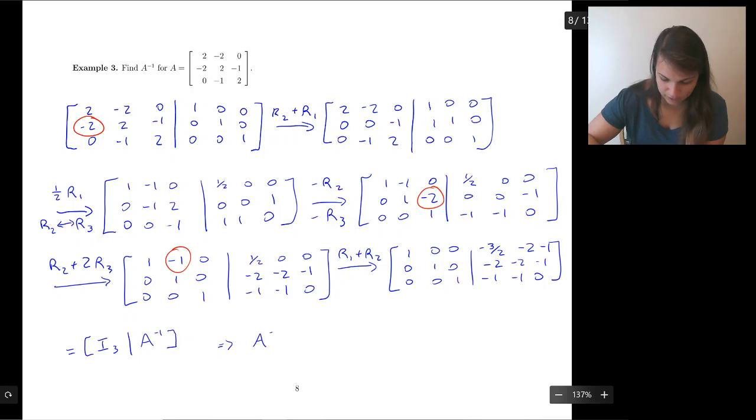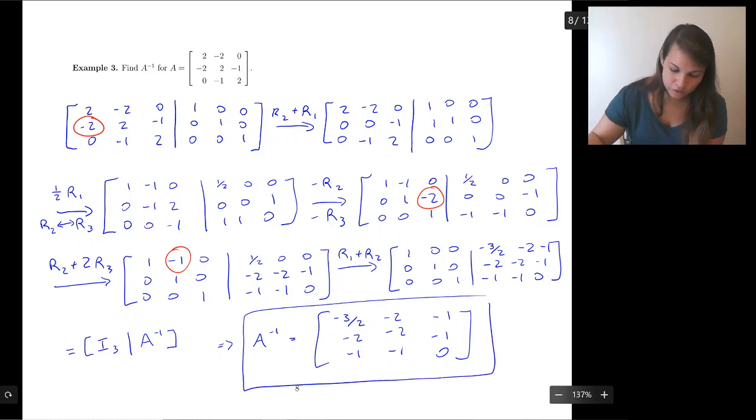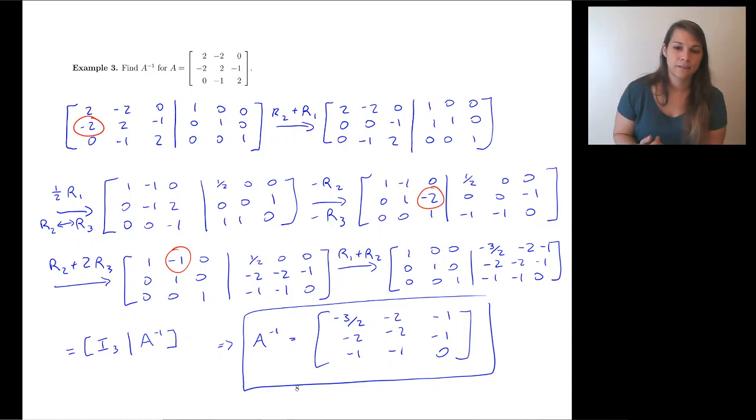So then A inverse is equal to -3/2, -2, -1, -2, -2, -1, -1, -1, 0. So example 3, we have found A inverse, go us.